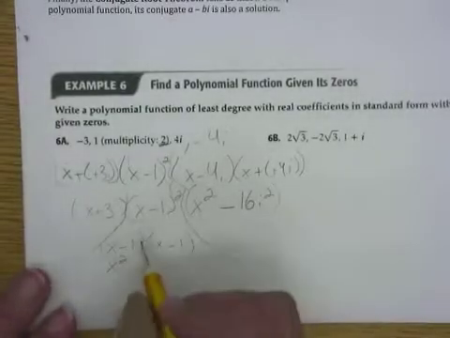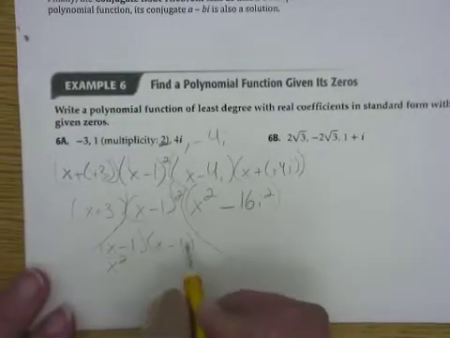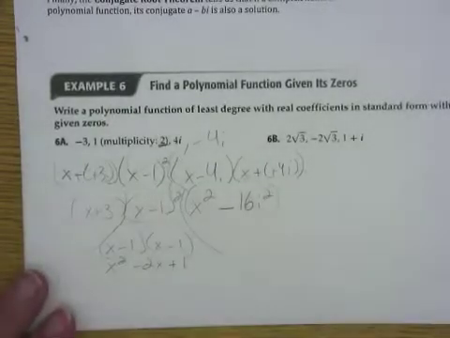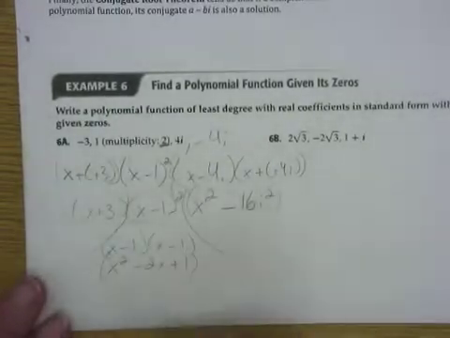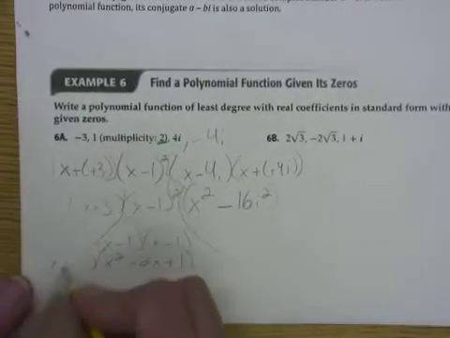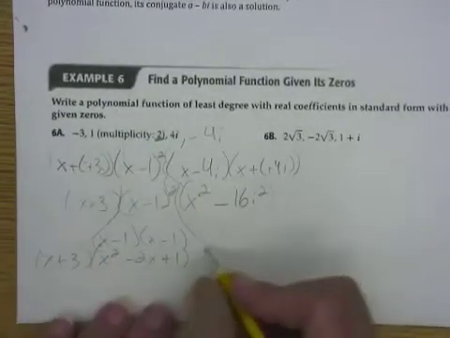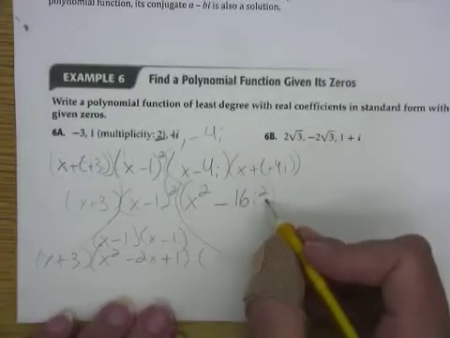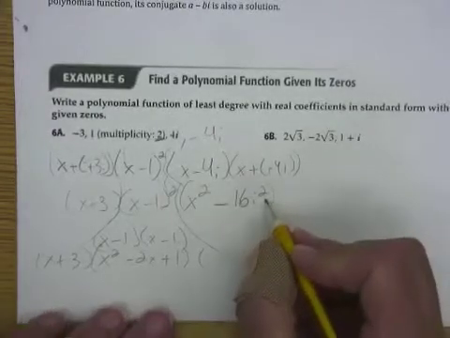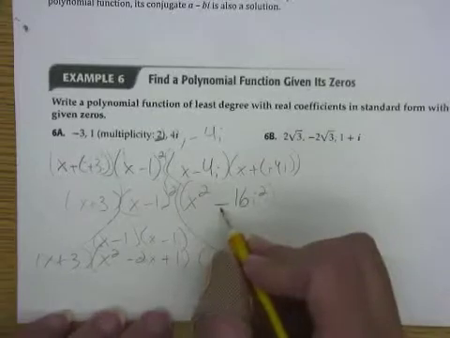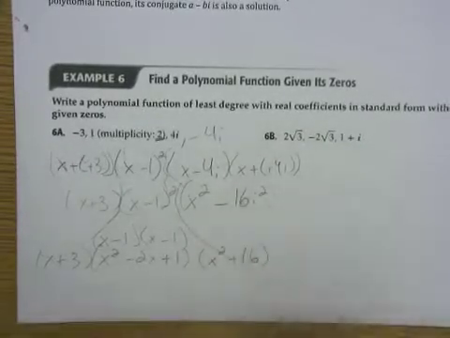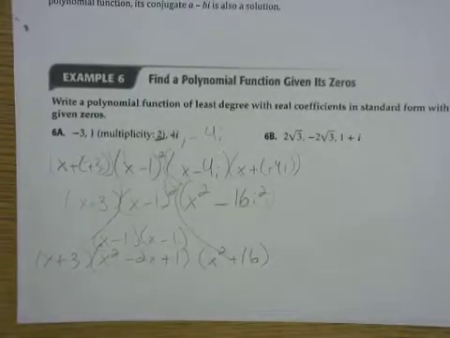And so when we multiply that out, we've got x squared minus x, that's minus 2x, plus 1. And now I'm going to multiply times x plus 3, and let's go ahead and clean this up. We know that i squared is -1. We know that -1 times -16 will be x squared plus 16.